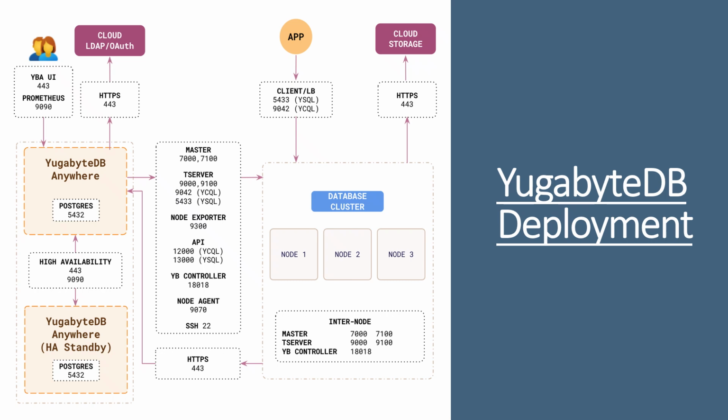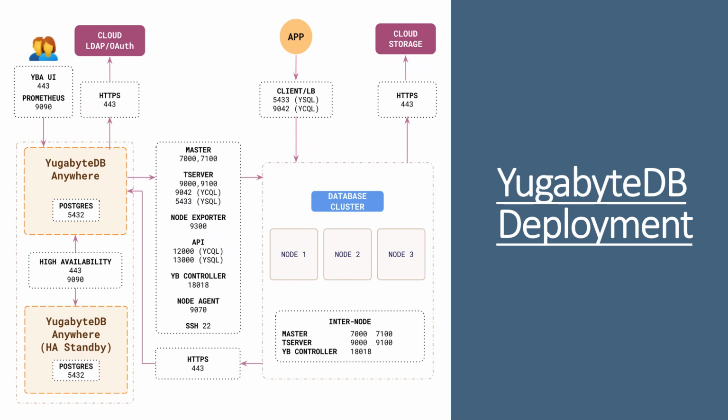And between the YugabyteDB Anywhere and the data nodes, there are a bunch of ports that need to be open. As we discussed before, there is a master process and a T-server process. The master process generally will be running on 7000 or 7001, 7100. So you need to have that connectivity enabled so that YBA can look at the master and get the details about the master on these ports.